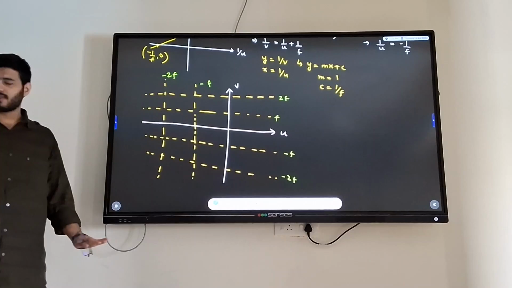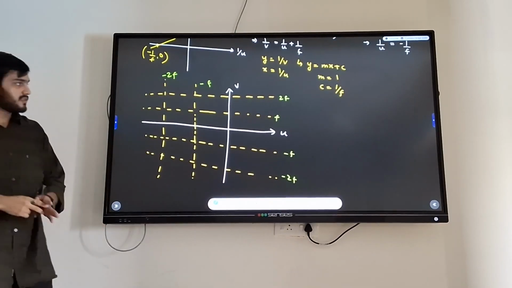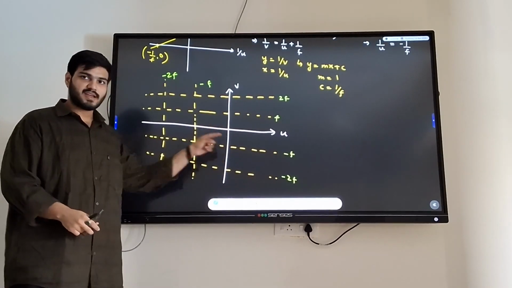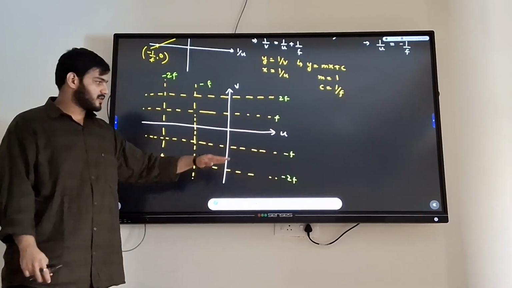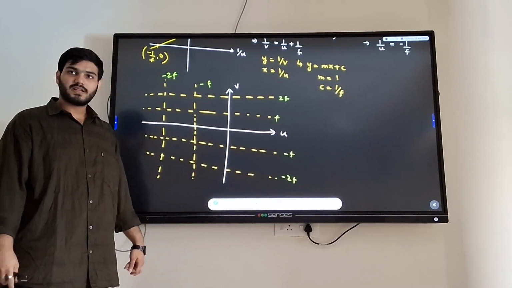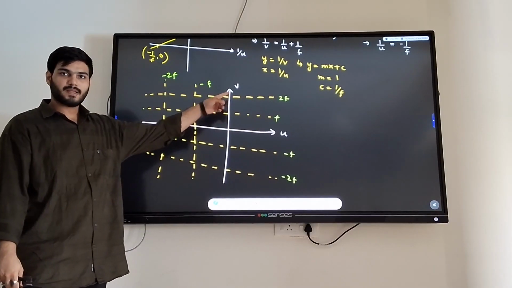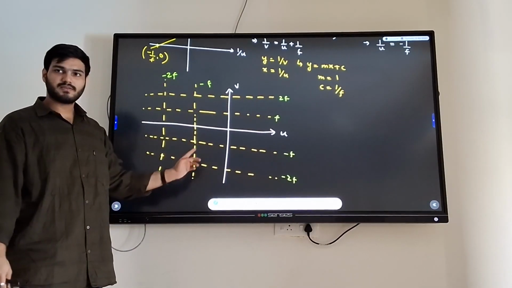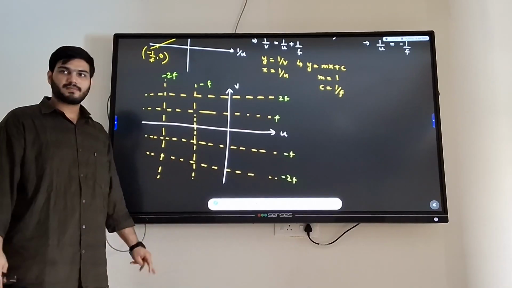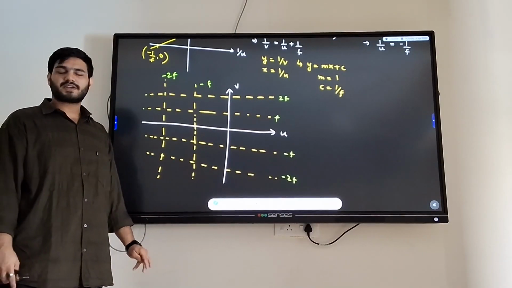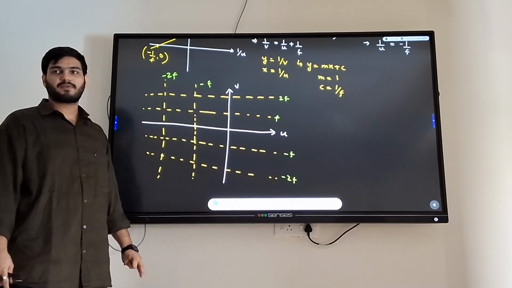Please understand all the lines very carefully. The y-axis is v, the x-axis is u. Where will the horizontal lines cut? They will cut at the point where the v value is given. Where will the vertical lines cut? For some u values. If I place my object at 2F, where is my image formed?